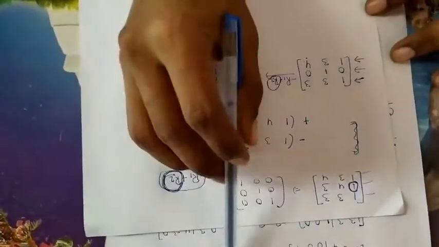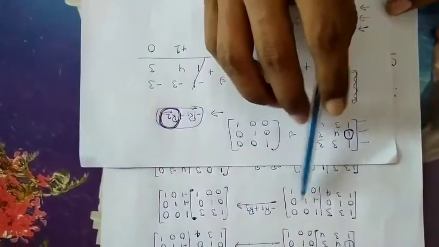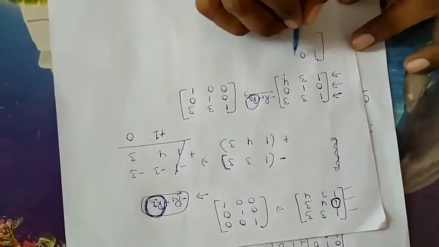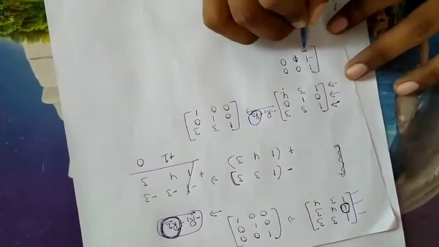If we look at it, 1 3 3, 0 1 0, 0 0 1. Like this, the identity matrix has also changed. The identity matrix initially is 1 0 0, 0 1 0, 0 0 1.